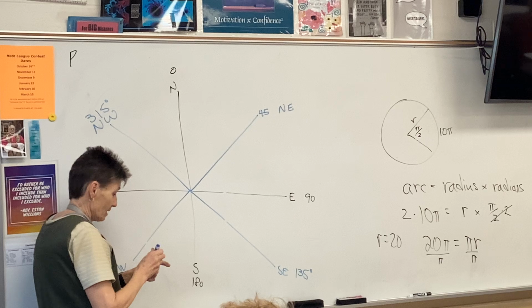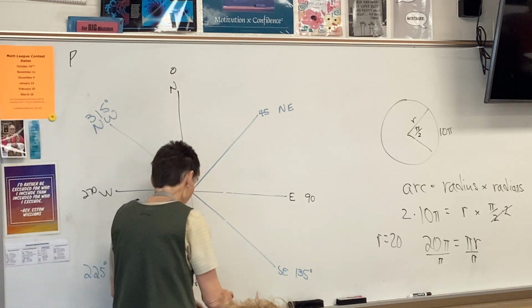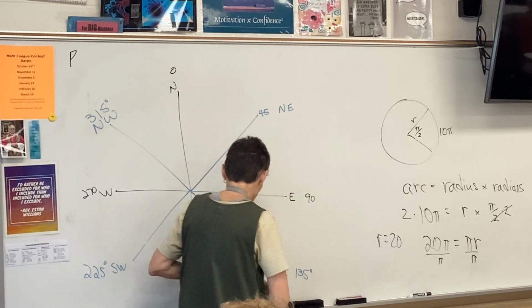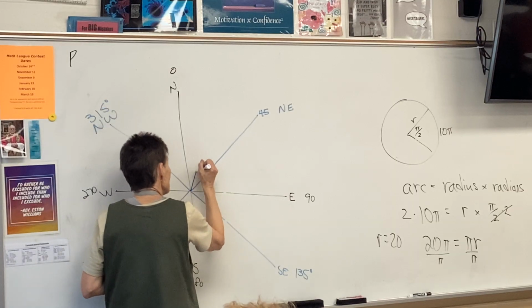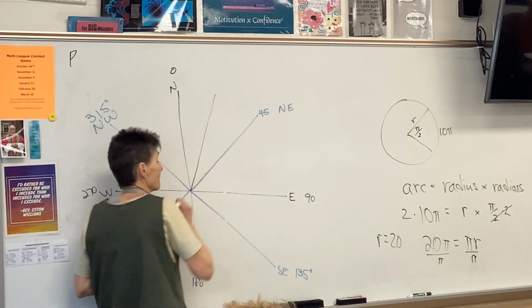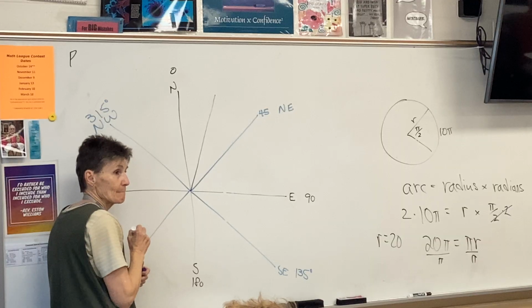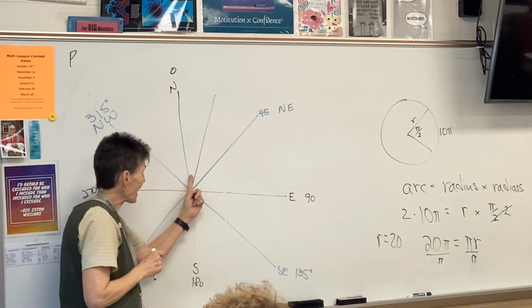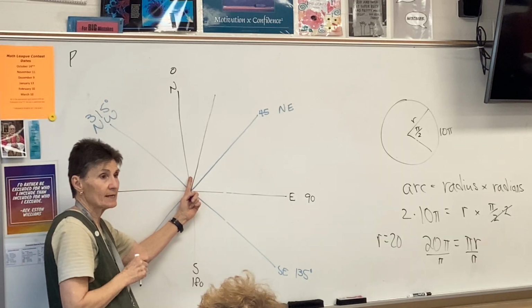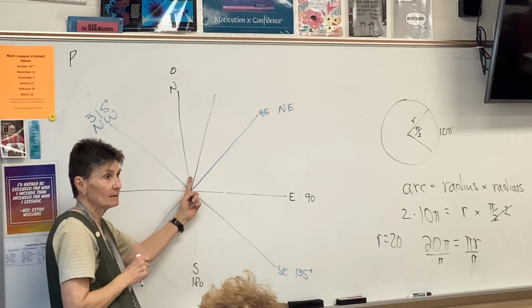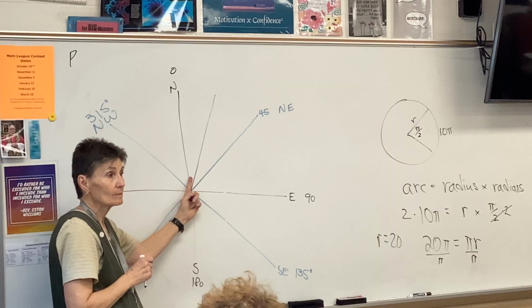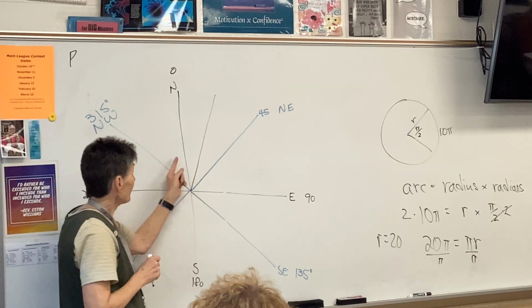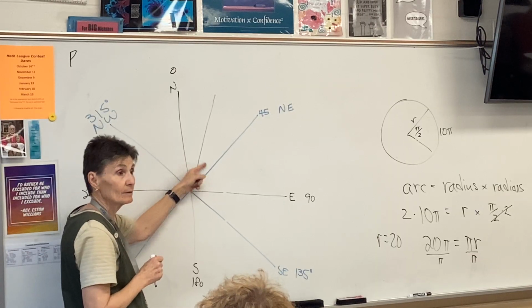Okay? Now we're going to split one more time. If I draw this guy in right here, how big is that angle right there, that little tiny angle? How big is that? Well, how big is the blue angle here? 45.